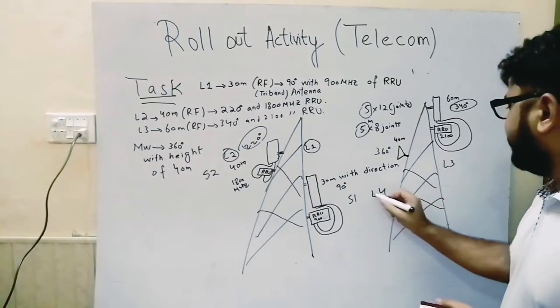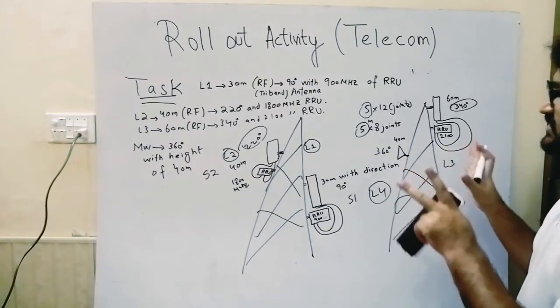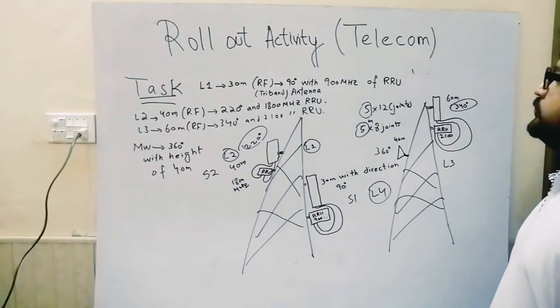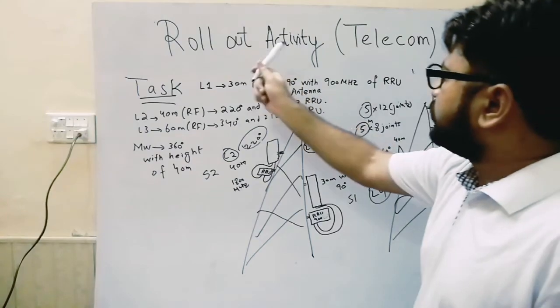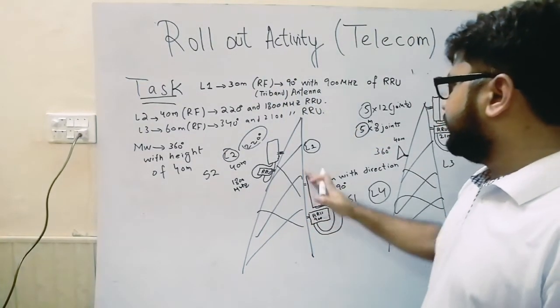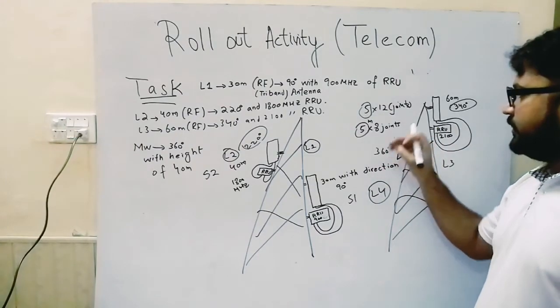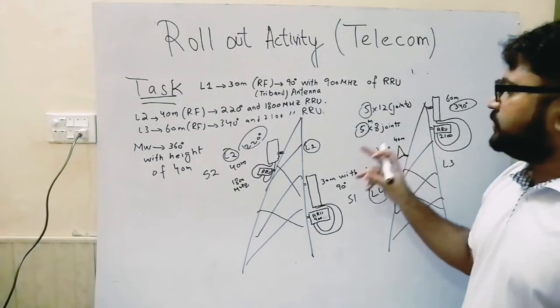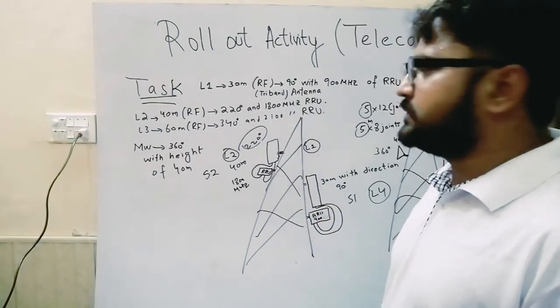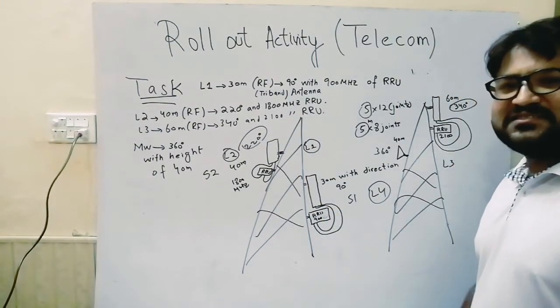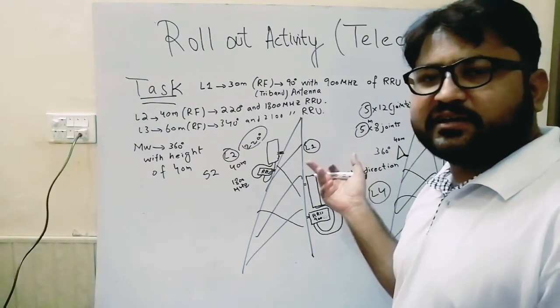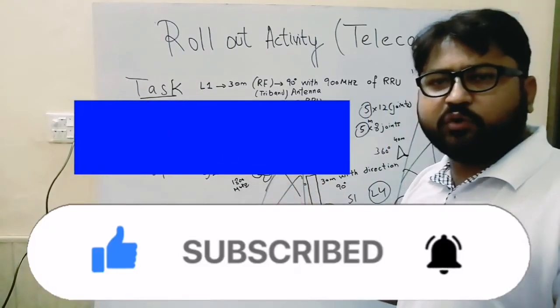Add it at leg 4. So this is the basic installation as a rollout activity. In rollout, you need to install each and every sector at the tower side so that you can complete your task. I hope you understand this basic rollout installation activity, and further I will add more activities.